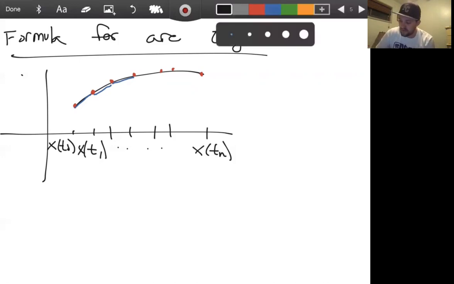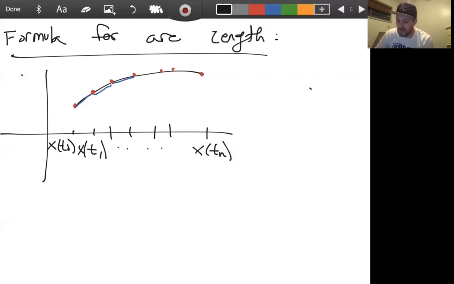Remember the distance formula, like way back in high school geometry even. We can use that multiple times to get a formula for distance of line segments, which will give us an approximation of the arc length of the curve once you sum up all the distances of these line segments here.